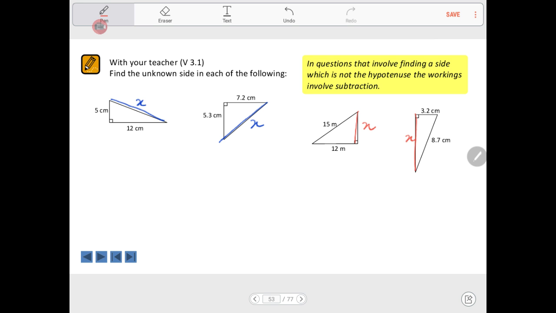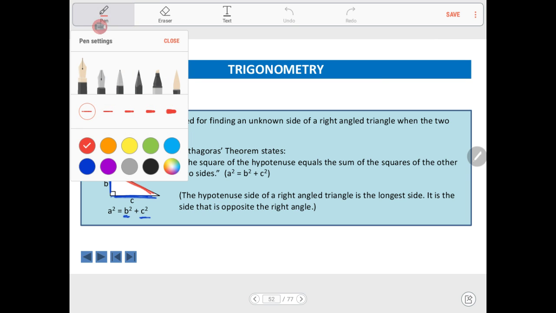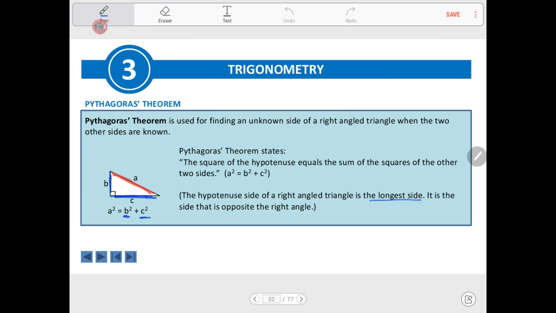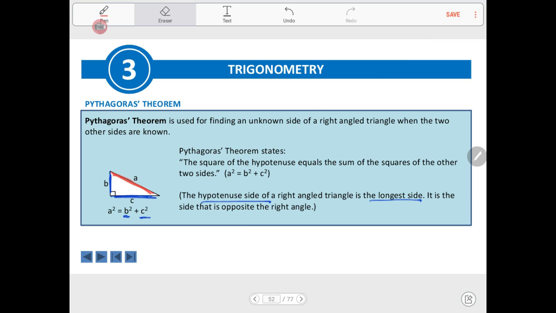Now, one part of a right-angle triangle is the hypotenuse. The hypotenuse side of a right-angle triangle is the longest side. So here the hypotenuse side is this red side, the longest side of the triangle.